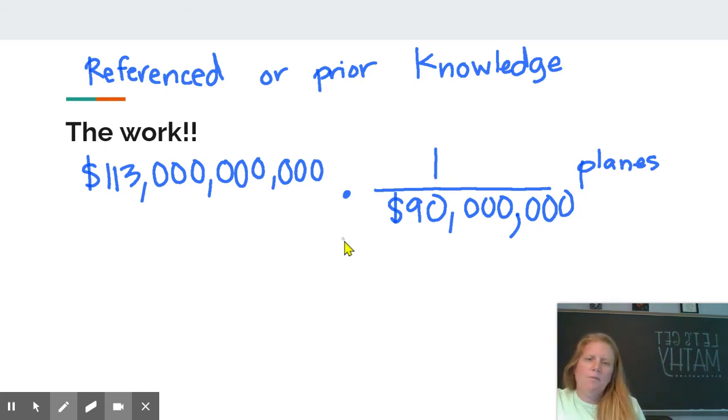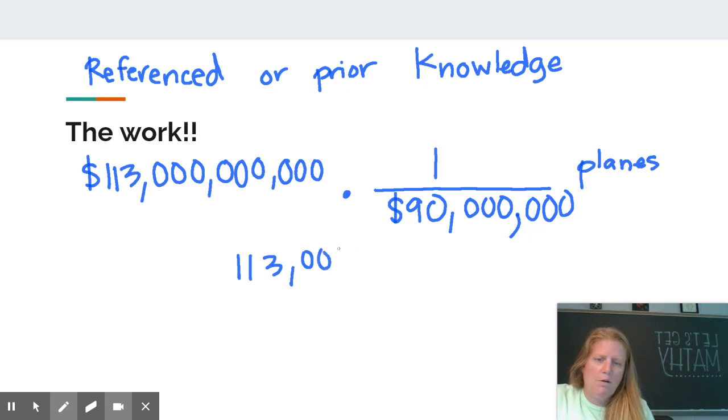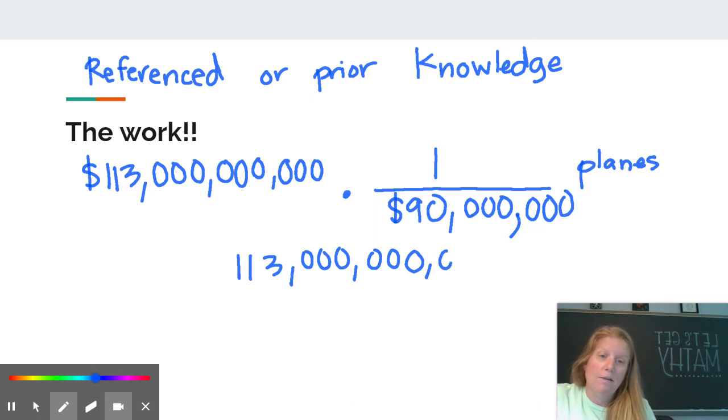Well, this now becomes pretty simple mathematics, especially if you have a calculator on hand. And if you remember when dividing by powers of 10, it's pretty easy because you're just going to end up canceling out a lot of zeros, especially since Jeff has so many in his net worth, I should say.